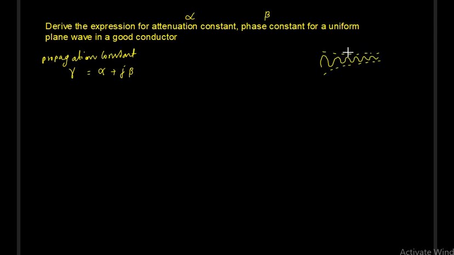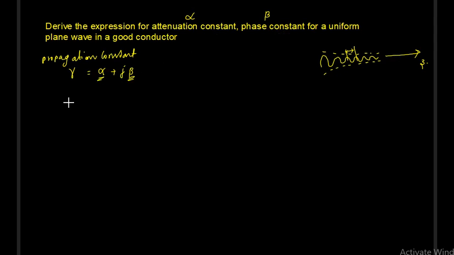That phase difference means the distance between two adjacent crests or troughs is changing over the distance it has traveled, in the direction in which it is propagating. Now this alpha is the attenuation constant, and beta is the phase constant.